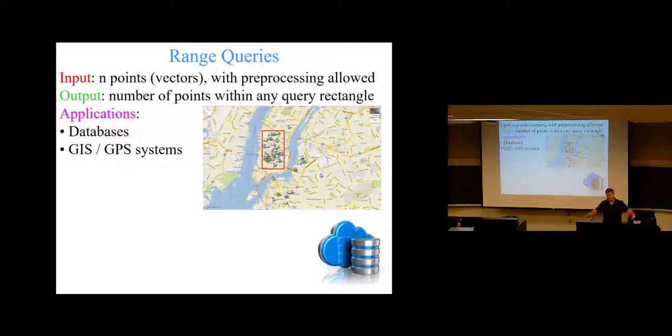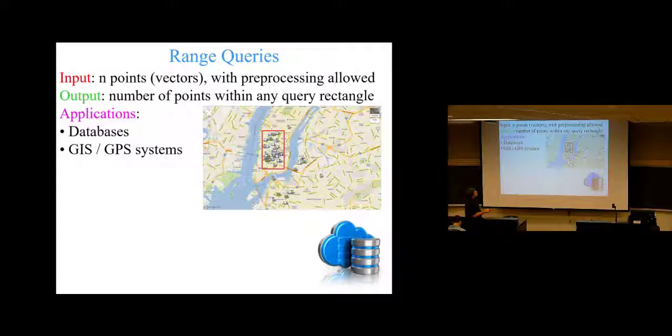Because you can sort everything on one axis by the year of birth, and on the other axis by whatever else you want. And when you do a double query like that, you're asking how many people fall inside that box along these two axes. It's exactly this problem. So it comes up in databases and geographical GPS systems.